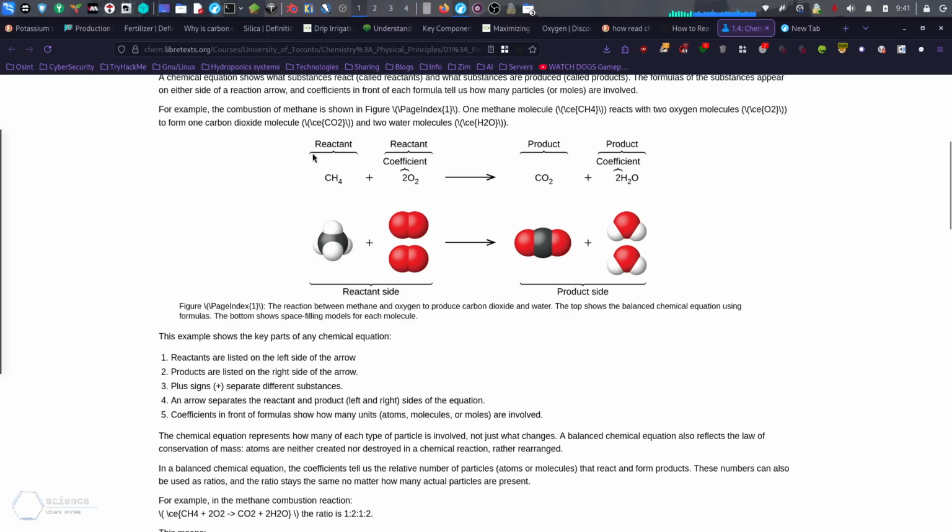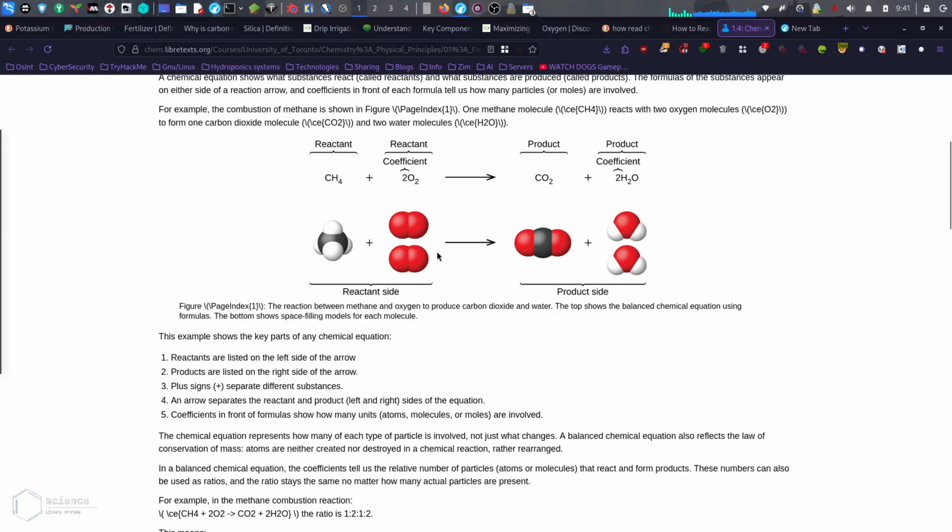Okay. One component mixed with a second component, and we get a combination, and the result can be different. We get the product. Third, the plus signs separate different substances.